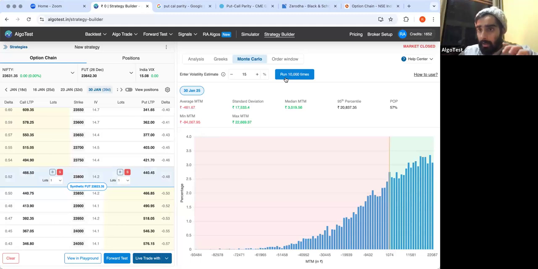IV is just a number that comes out when we look at the price of the option, and then we use the Black-Scholes model to back out what the market thinks the volatility is going to be over the life of the option, right? That's the market's consensus. And we know what the realized volatility is. The realized volatility depends on how much Nifty actually whips around. It's a representation of the standard deviation of the returns of Nifty.